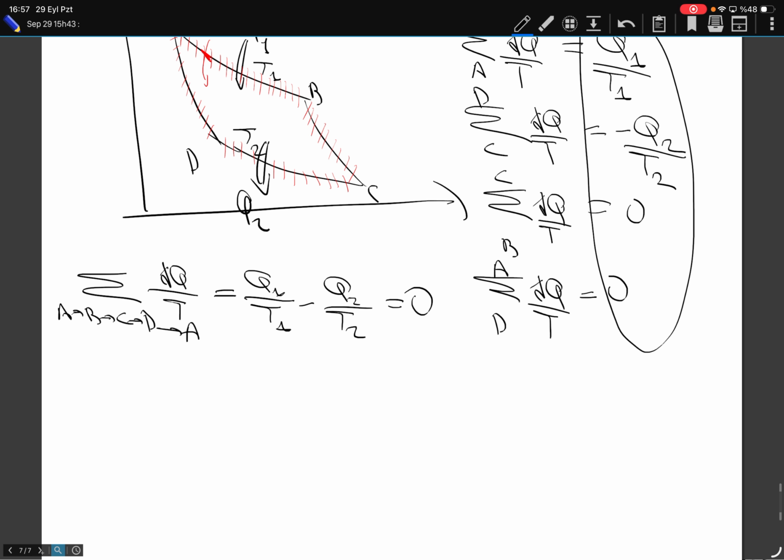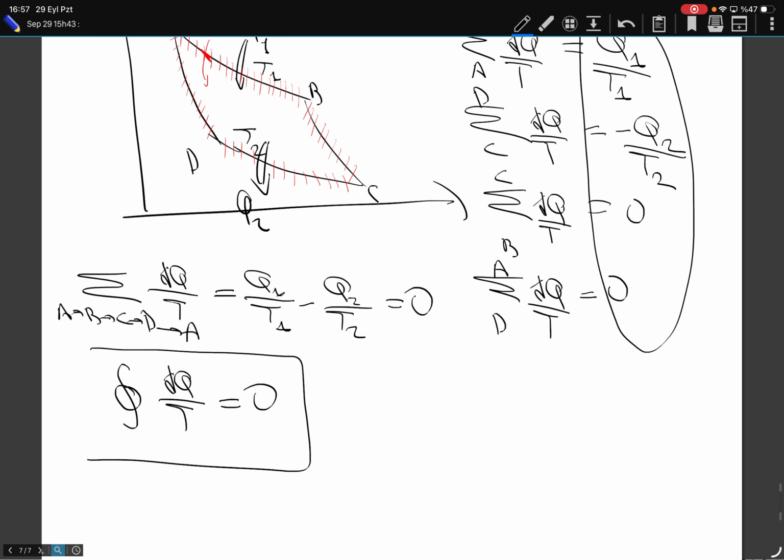Now, if I imagine these very small steps, when I take the limit as each one of those steps goes to 0, this is nothing but an integral. Over the loop, that's why I put that circle sign, of dQ divided by T, this is equal to 0. At least for the Carnot engine, the integral of dQ over T is exactly equal to 0.